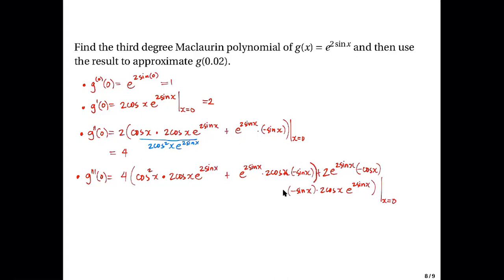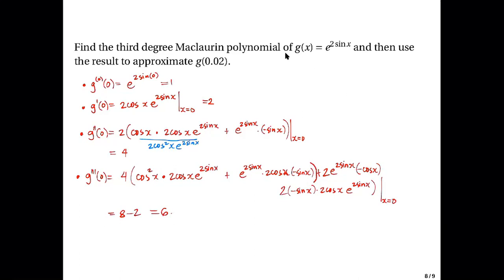Then of course I have some 2 in here also. But anyway, at x equals 0, this will disappear. Okay. This will also disappear. This guy here, 4 times 2, that's equal to 8. And then in here you have 2 times 1 times negative 1. So you have 8 minus 2. So this is equal to 6. Okay?